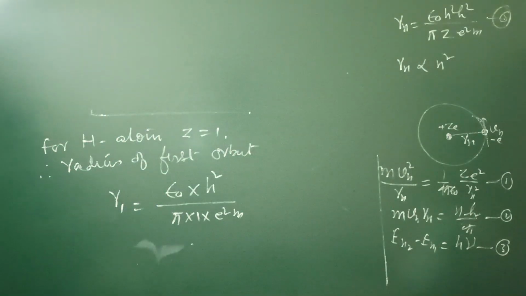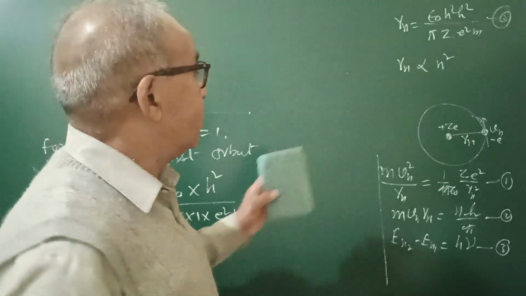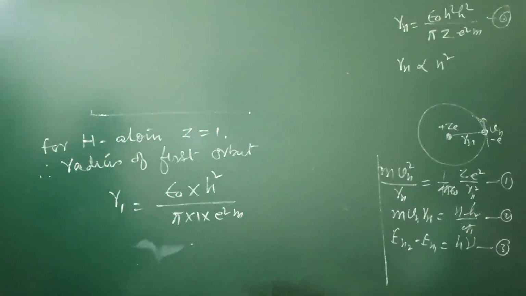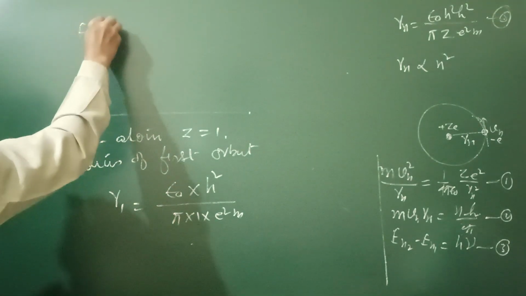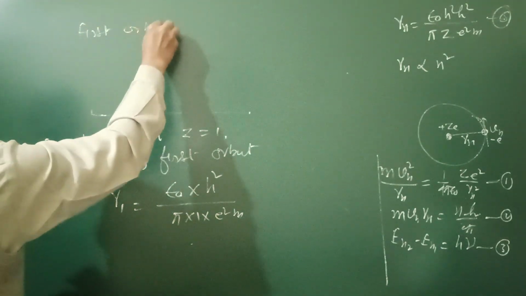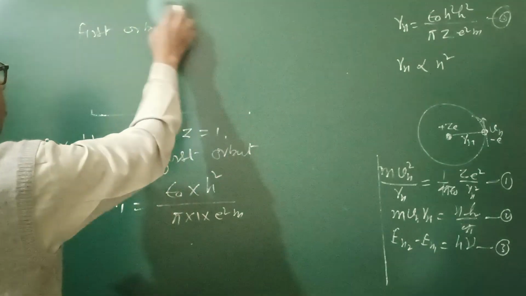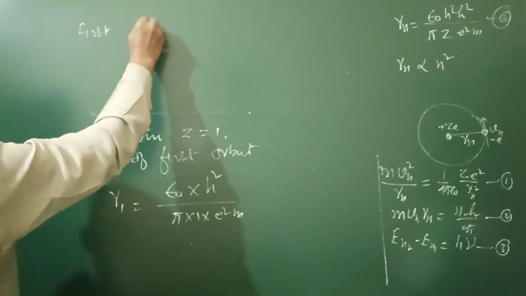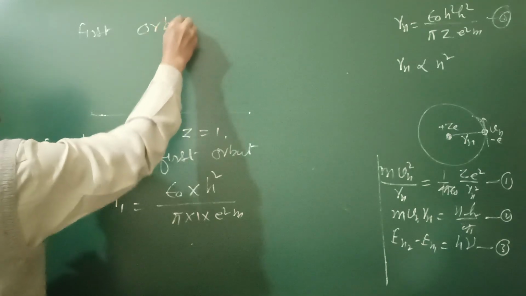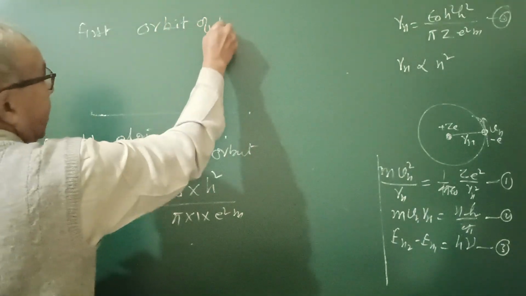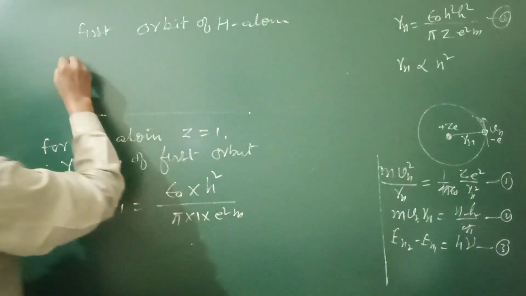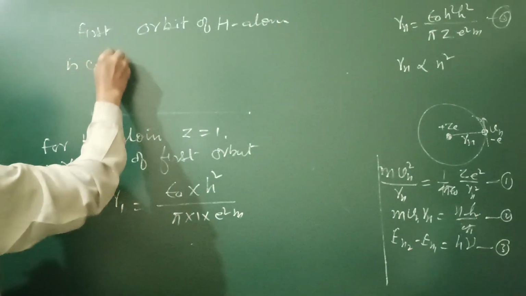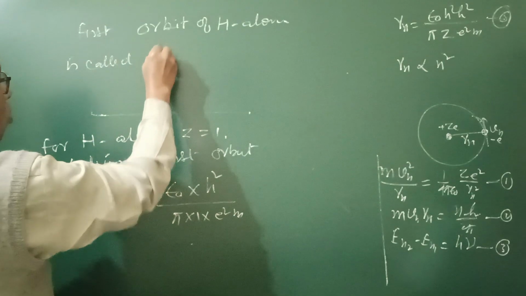Now I want to calculate R1, the radius of the first orbit of the H atom, which is called the Bohr orbit.